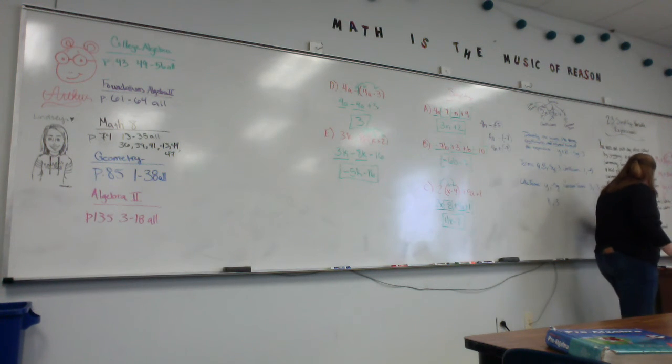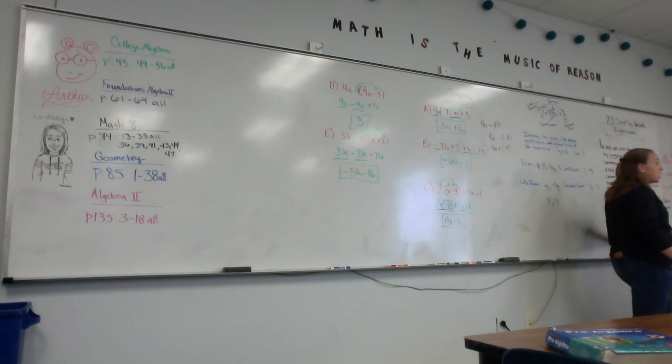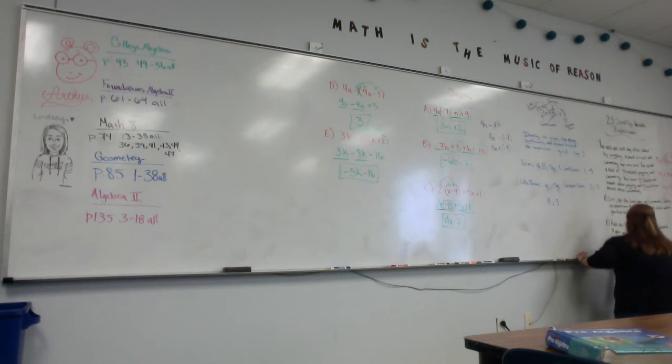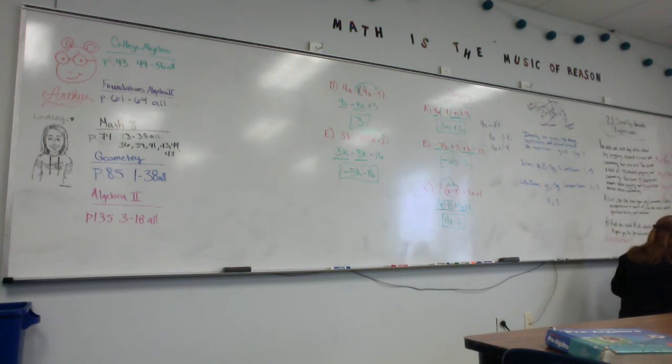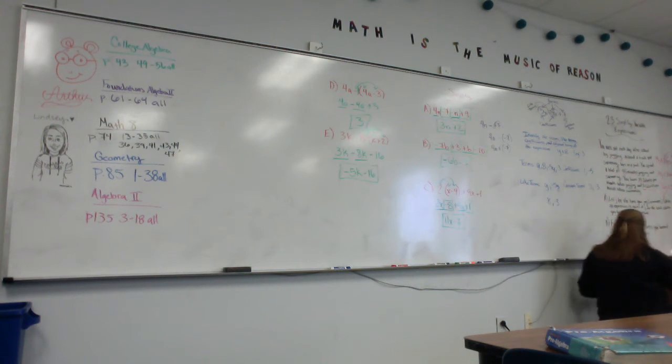I'm literally plugging 20 in for J because J stands for jogging. So I'm going to say 6 times 20 plus 360 equals, what's 6 times 20? 120, and then you add 360 to it. 120 plus 360 equals 480 calories burned.